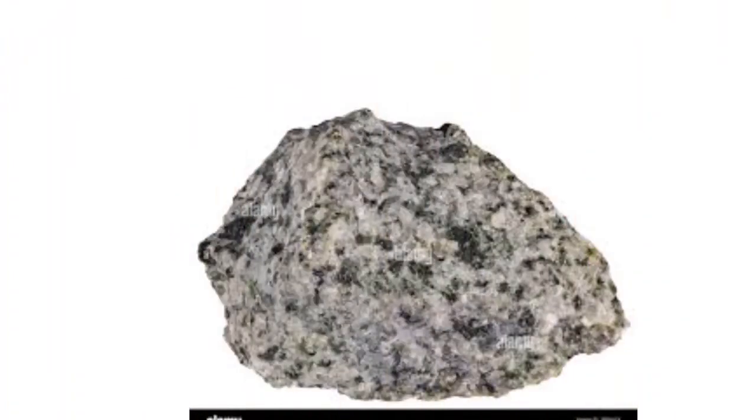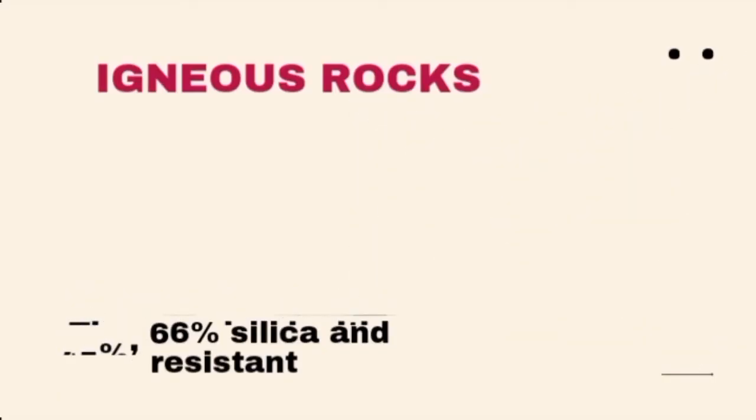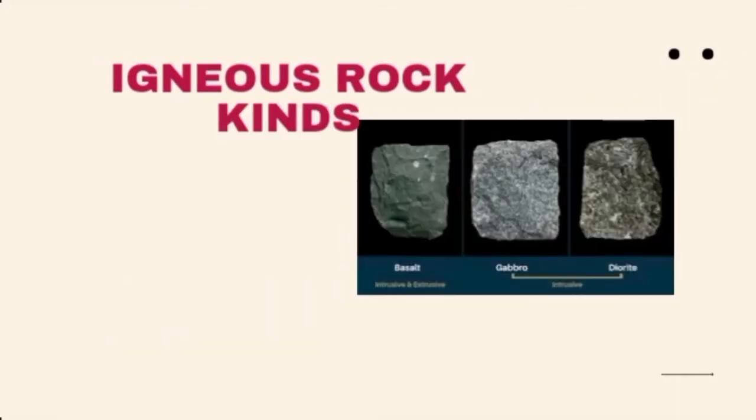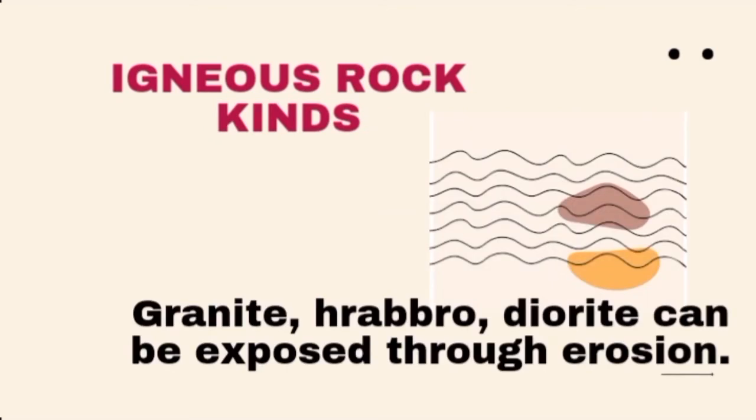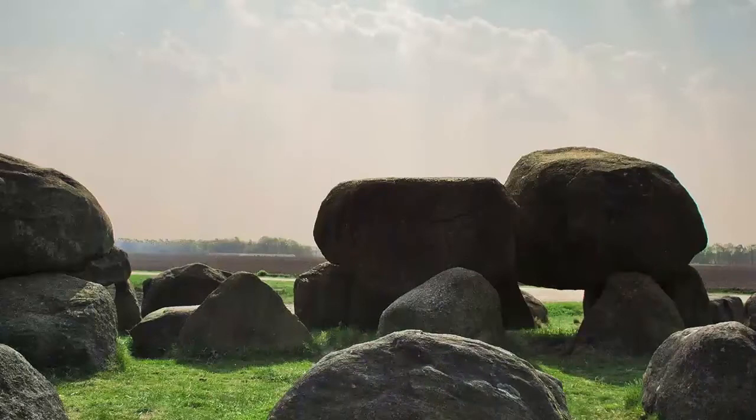They have a high amount of silica and crystalline texture. Examples are granite, diorite, gabbro, rhyolite, and syenite, among others. But they can later be exposed to the surface of the earth when the sand or soil covering them has been removed through erosion.